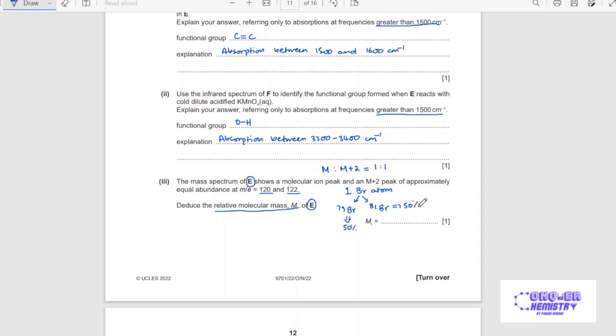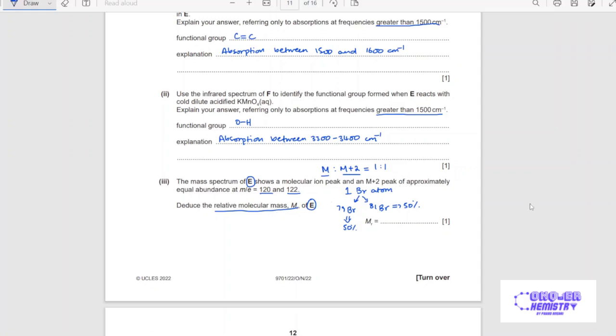And so that is why the two molecular ion peaks are a result because of bromine 79, which is the M peak, and the bromine 81, which is M+2. They give equal abundances because of the equal abundances of the two isotopes that cause these molecular ion peaks. Right. So we have a bromine atom.